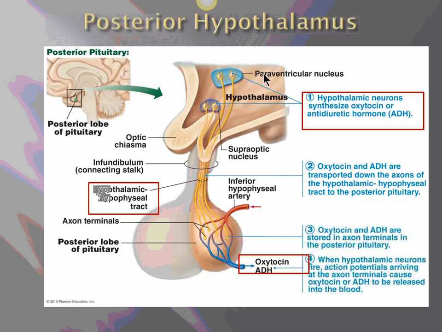These two nuclei are known as the paraventricular and the supraoptic nuclei. They are present in the posterior hypothalamus, and they produce two hormones known as oxytocin and antidiuretic hormone. Another name for antidiuretic hormone is vasopressin.